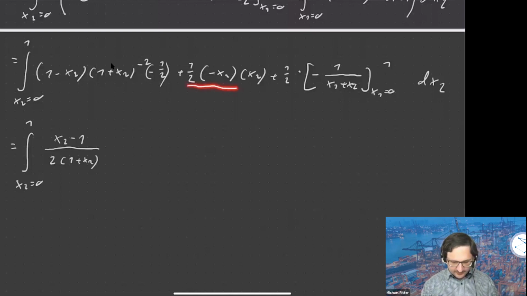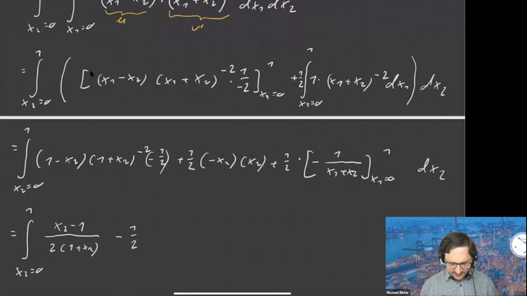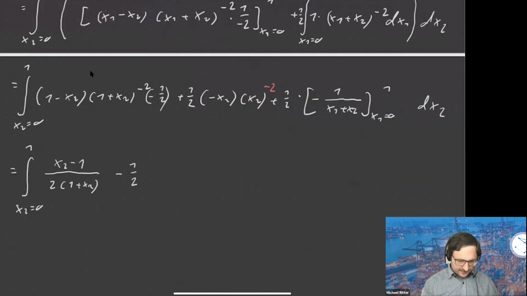Then we get minus 1 over 2 x2 squared. Minus 1 over 2. Did I mess up here somewhere? I did. Right, so that second one, that should actually be to the power of minus 2. Sorry about that. So here I'm missing a minus 2. Okay, but still that's minus 1 over 2.